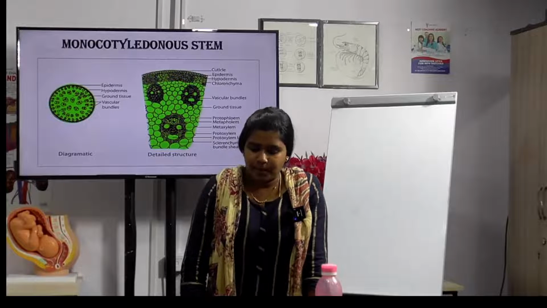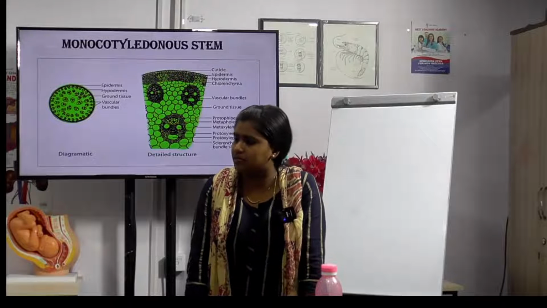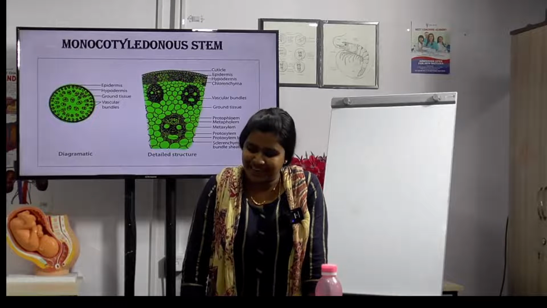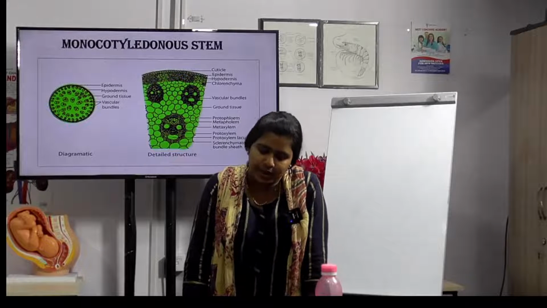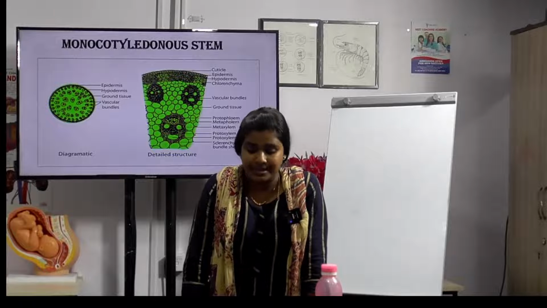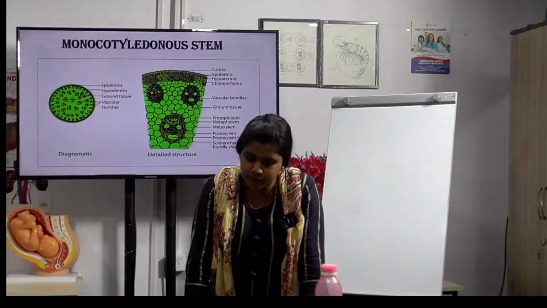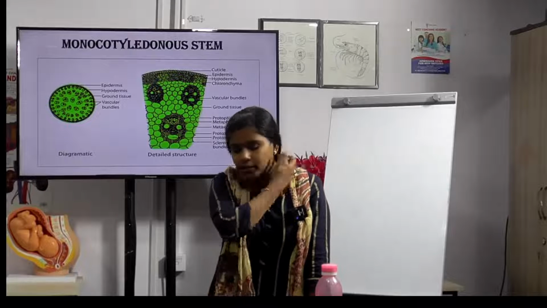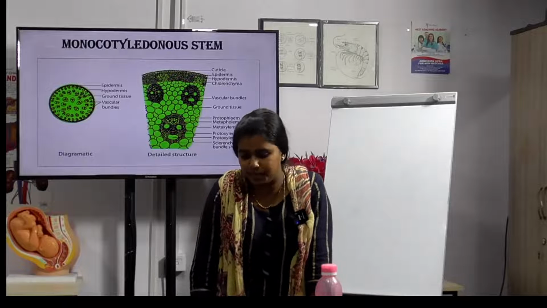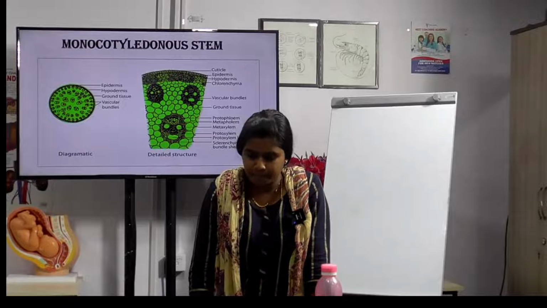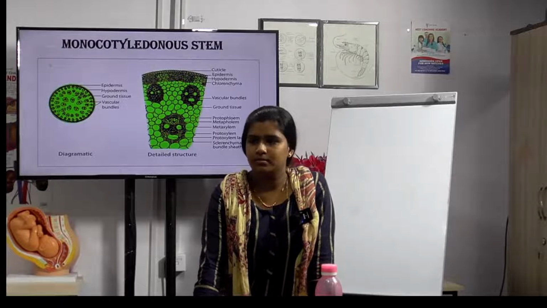These also have the same parts: epidermis, hypodermis, ground tissue and vascular system. Epidermis is the outer layer. Hypodermis consists of parenchymatous cells, and then ground tissue. The vascular system comprises xylem and phloem.